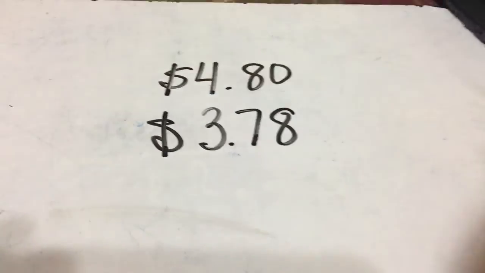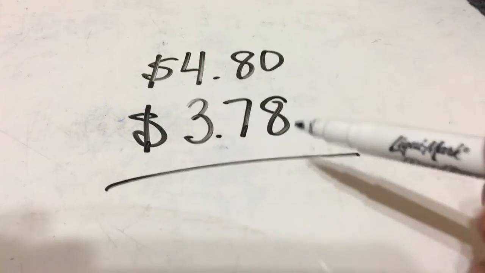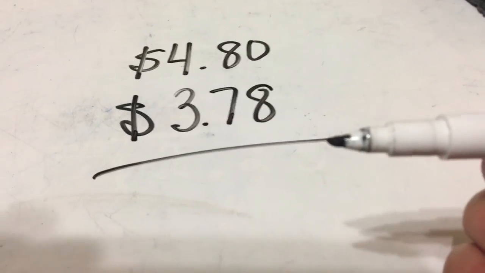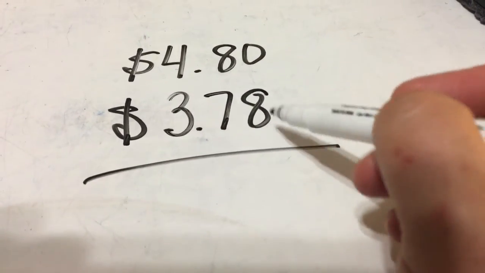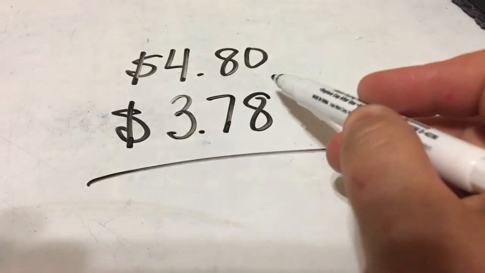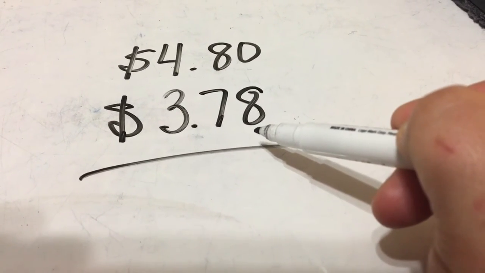I would absolutely do something like that if I had that cash on me, so that I could get the least amount of change back, as far as number of coins and whatnot. So I gave the cashier $4.80 and the items cost $3.78.